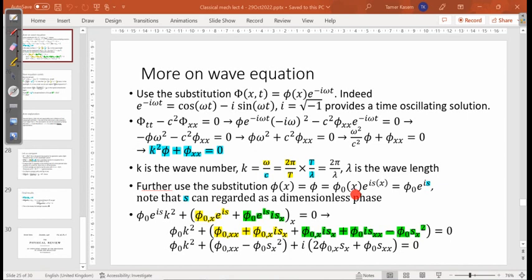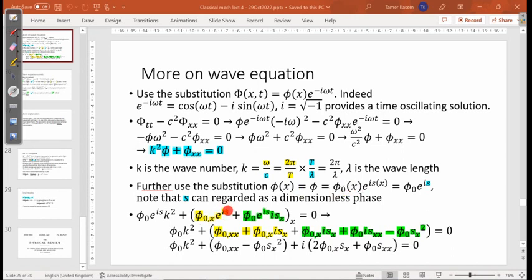Okay. Again, we will substitute this form inside this form. So we get this lengthy expression. First of all, k squared, here is k squared, phi, here is phi without any manipulations, plus this is the second derivative. So let us just verify the first derivative. For the first derivative, you will get phi node comma x, this is derived, multiplied by e to the power i s.